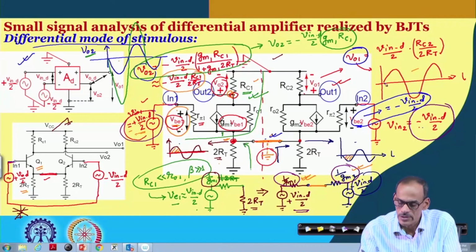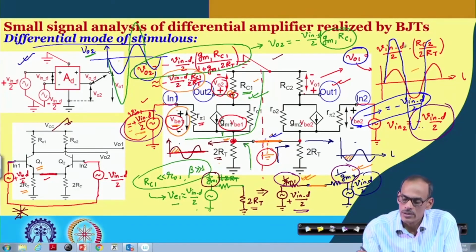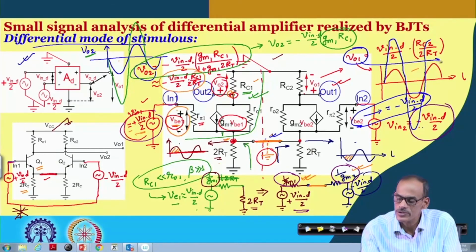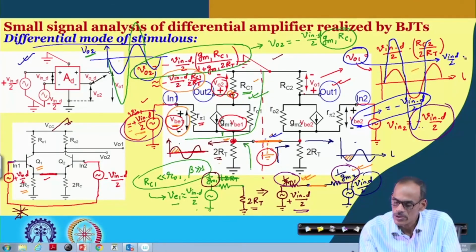As a result, the corresponding output here got increased, and this output now becomes V in D by 2 into GM2 into RC2.